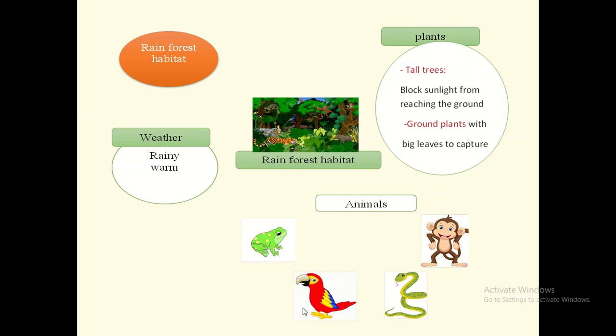Some examples of animals that can live in the rainforest habitat: number 1, frogs, number 2, meows, number 3, snakes, number 4, monkeys.